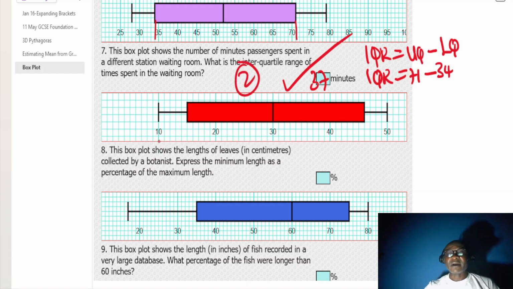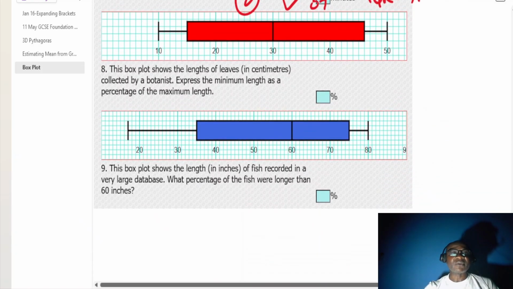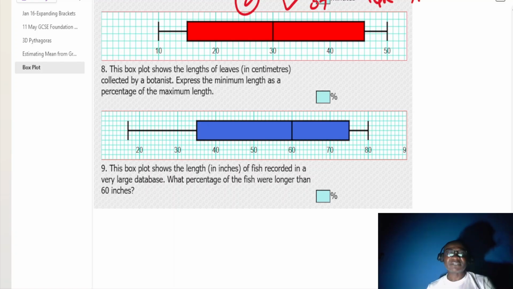Next, that should be number 8, and we are asked to express the minimum length as a percentage of the maximum length. So what did you get? 20%. So let's find it.